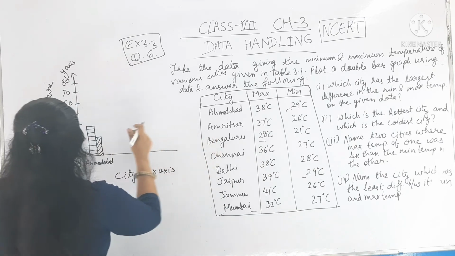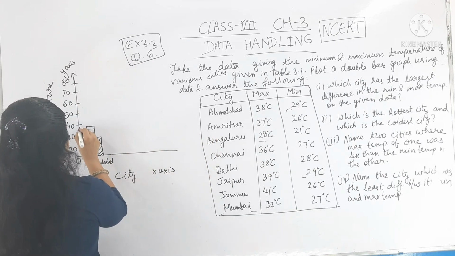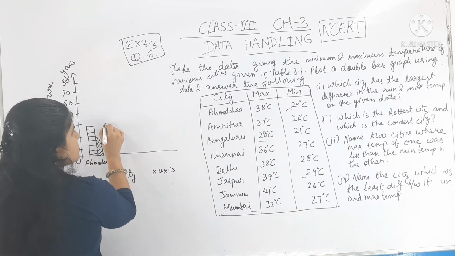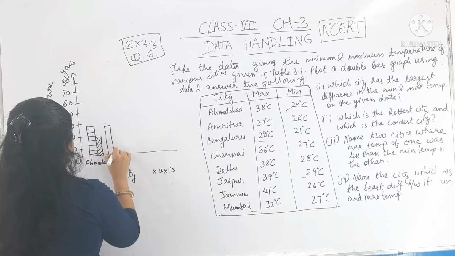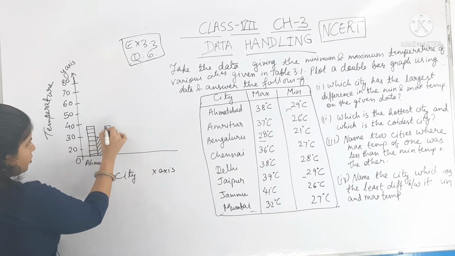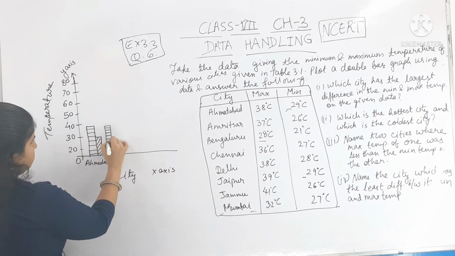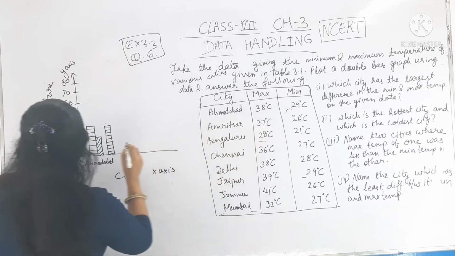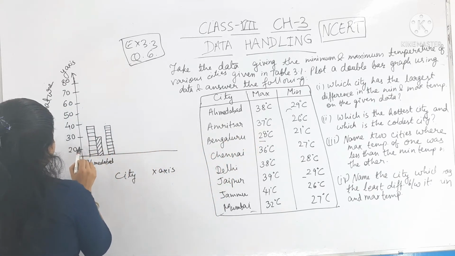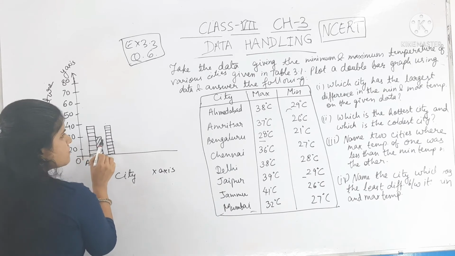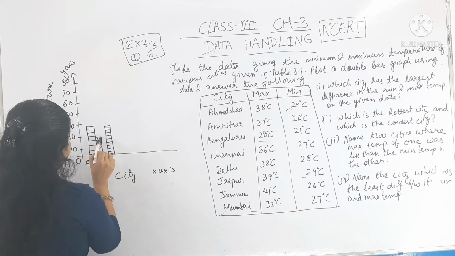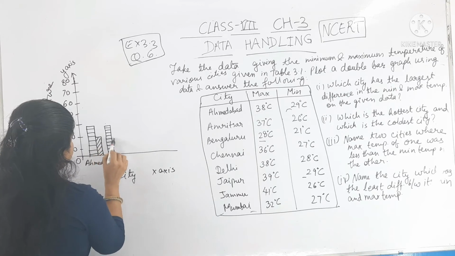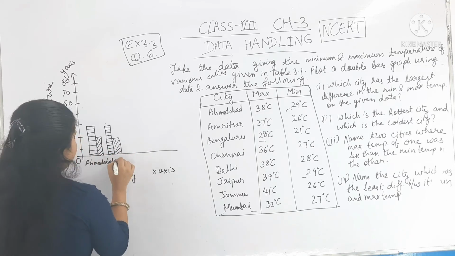Amritsar is 37 degrees Celsius, 1 centimeter below 38, and the minimum is 26 degrees Celsius, below 29, 28, 27, 26. You plot it like this. Amritsar.